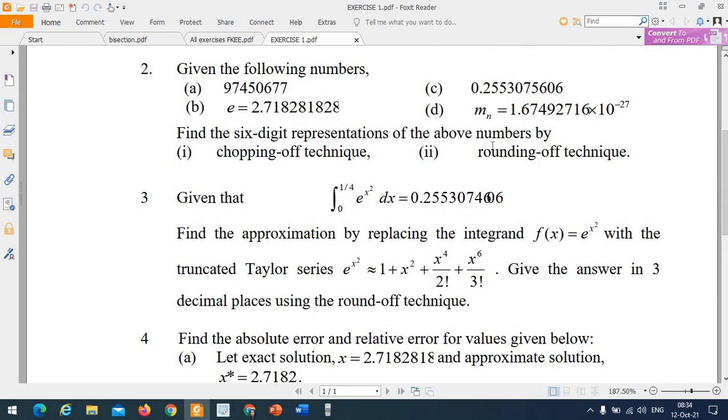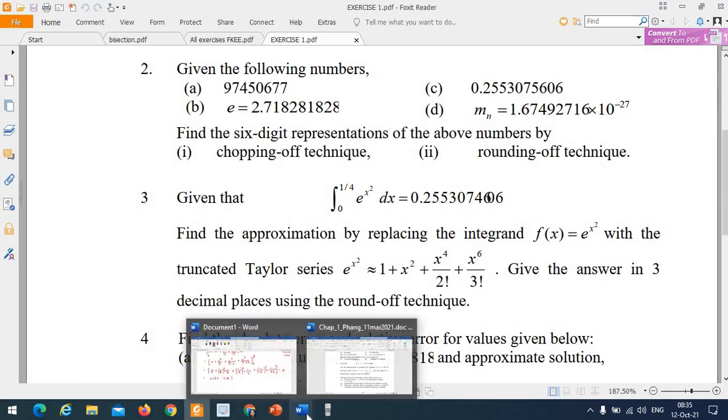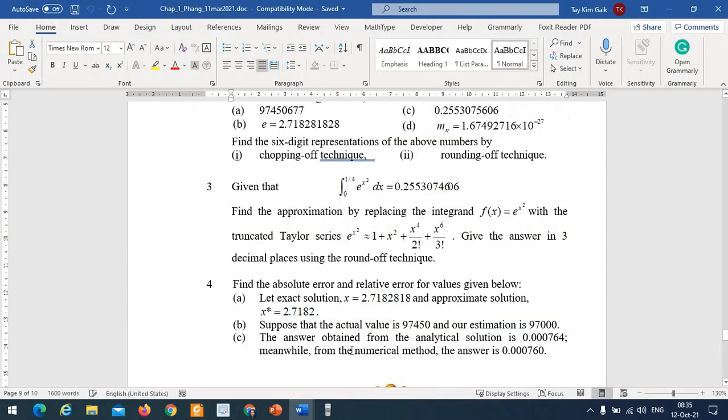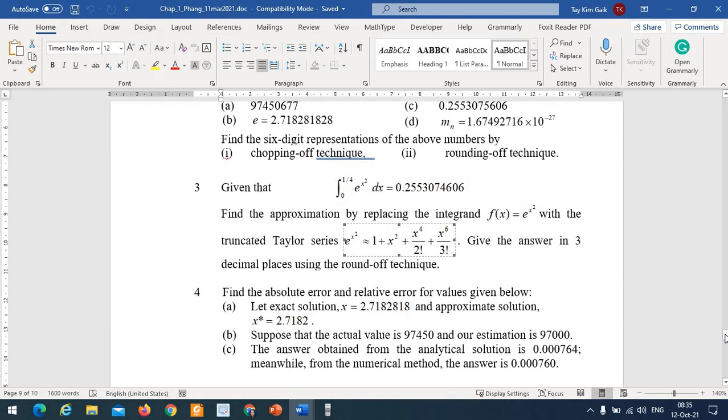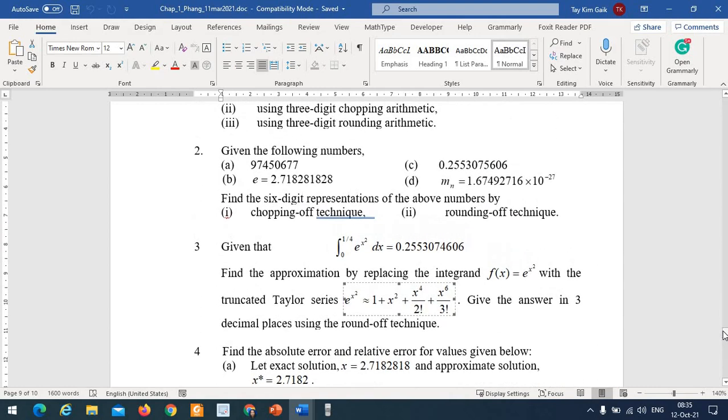Question 2. Chopping and rounding. Are you clear? Chopping and rounding, who is not clear? Find the 6-digit representation of the above number by chopping and rounding. I think rounding you have no problem.